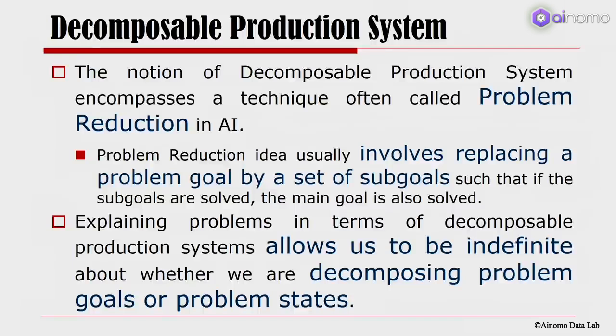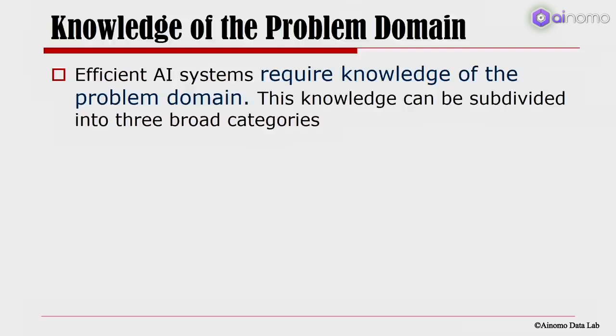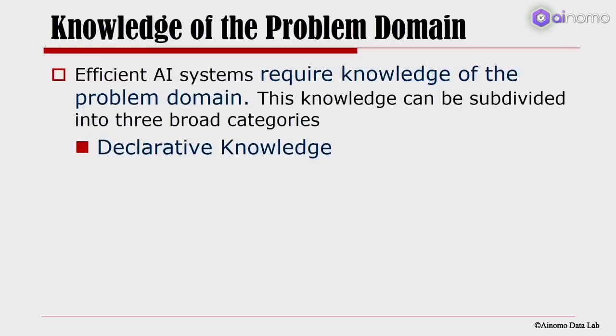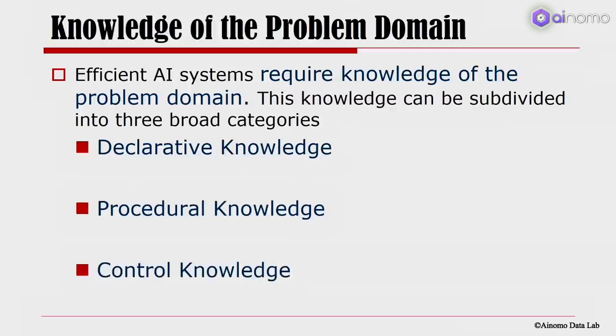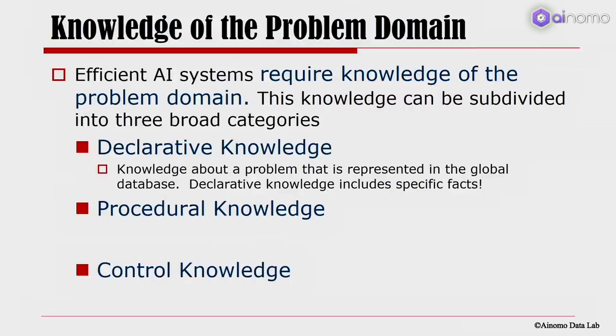To finish our lecture today, we would love to highlight that efficient AI systems require knowledge of the problem domain. This knowledge can be divided into three broad categories: A. Declarative knowledge, B. Procedural knowledge, and C. Control knowledge. Declarative knowledge is knowledge about a problem that is represented in the global database.